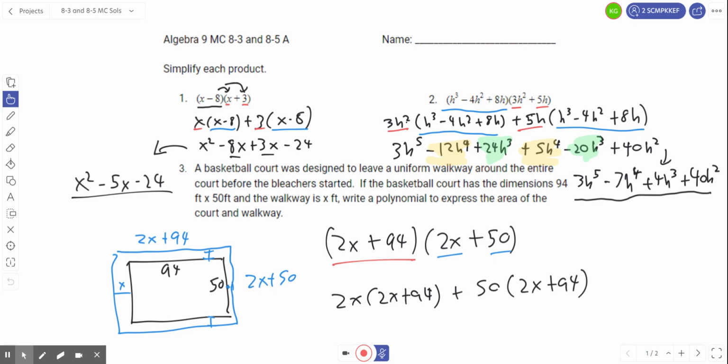So I took this first term and I put it in here and here, just like we do when we distribute.